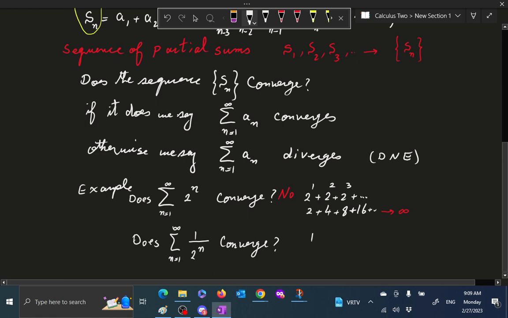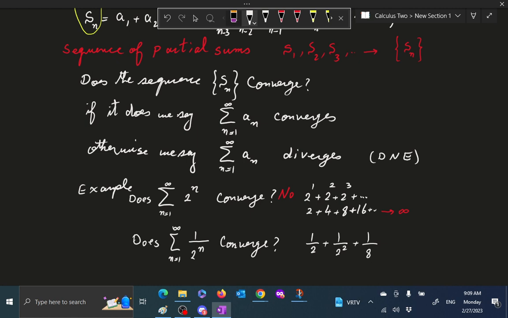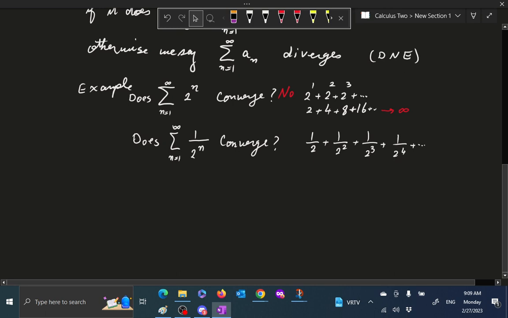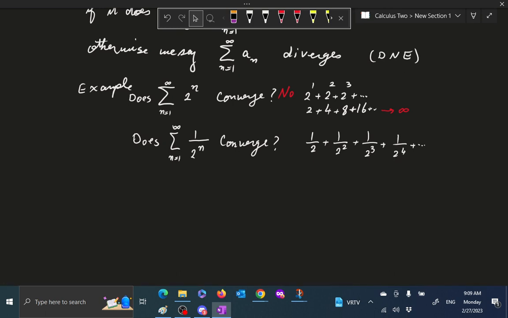What are we investigating now? 1/2 plus half of that is 1/4 plus half of that is 1/8, or let me write it in the power notation, 2 cubed, and then 1 over 2 to the power of 4, and so on. As we add these things together, what is our sense of what happens? Let's just give a quick indication.